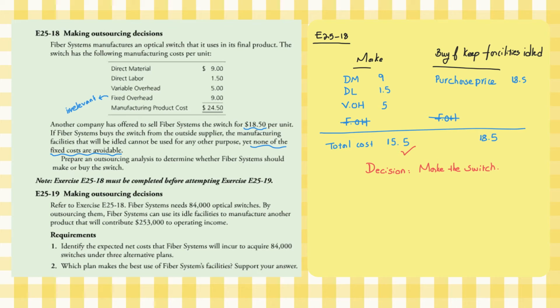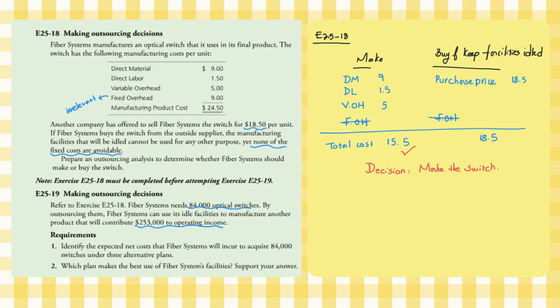Now exercise 25-19, refer to exercise 25-18. Fiber Systems needs 84,000 optical switches. By outsourcing them, Fiber Systems can use its idle facilities to manufacture another product that will contribute 253 to operating income.